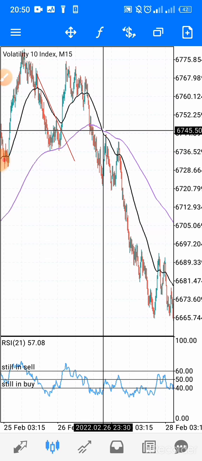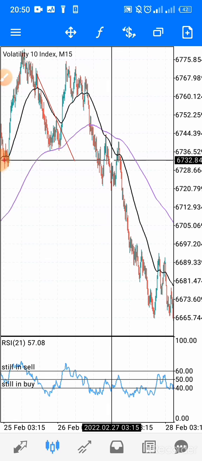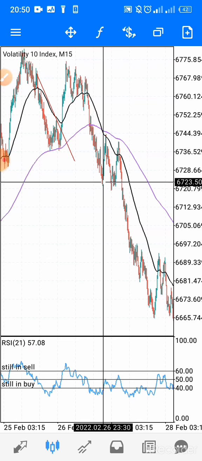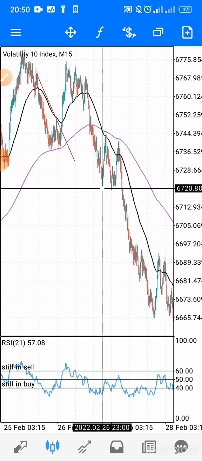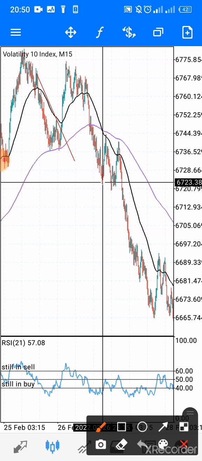When they crossed here, as you can see, these are the candlesticks here. This is it pointing here. It's one and the same thing, because our structure got broken here.